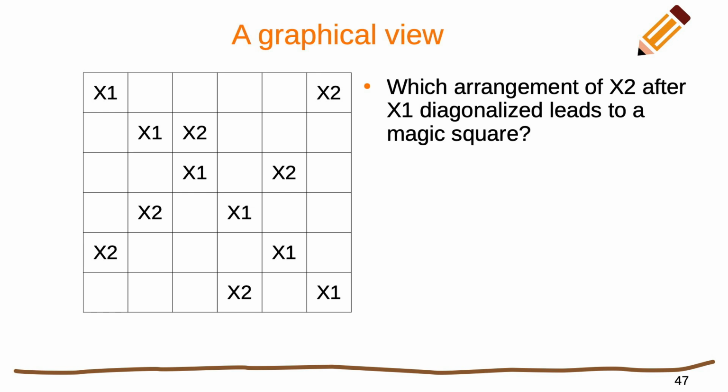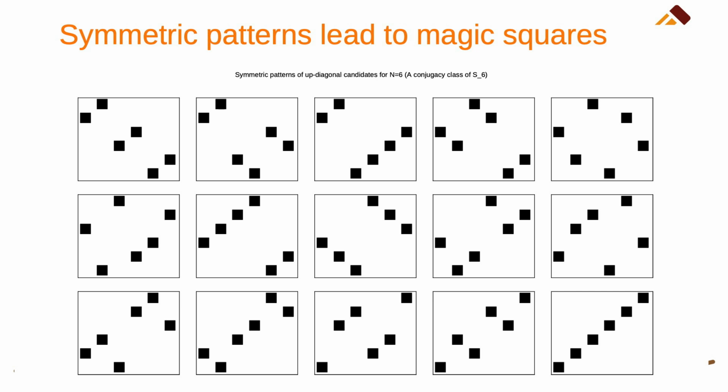However, once we diagonalize x1, the arrangement of x2, or the permutation UD inverse, begins to exhibit a noticeable order. This figure shows all patterns of x2 after x1 has been diagonalized that lead to magic squares.